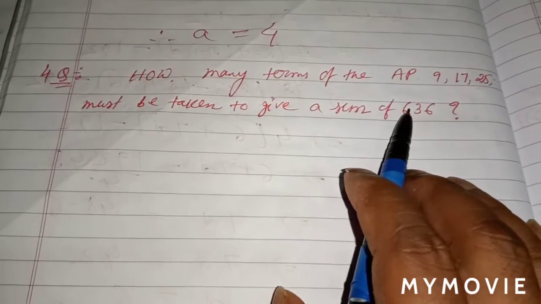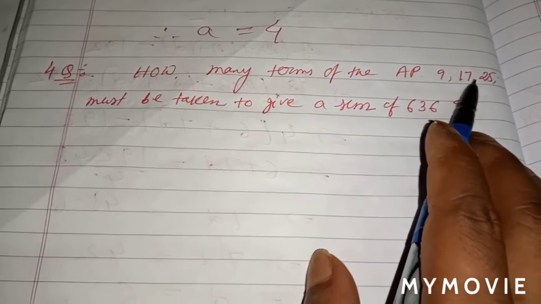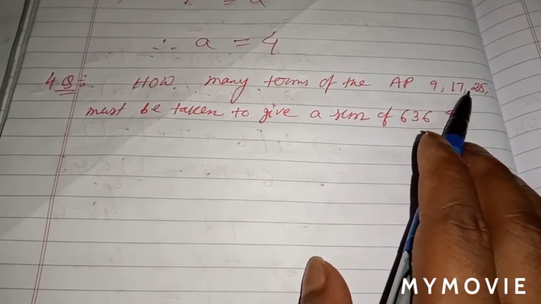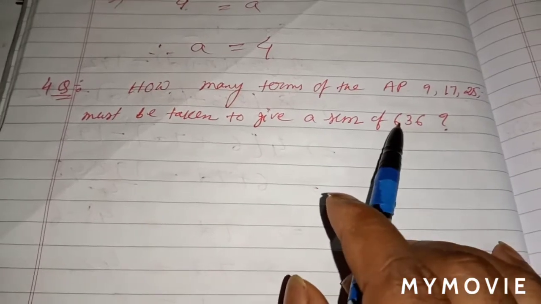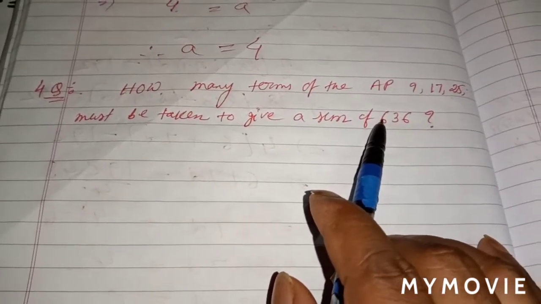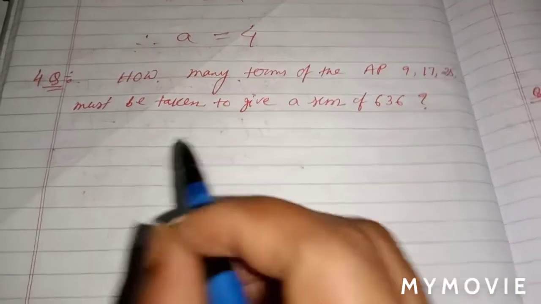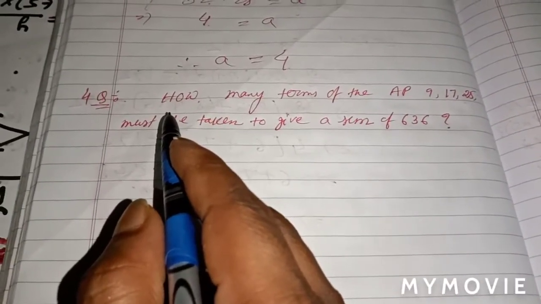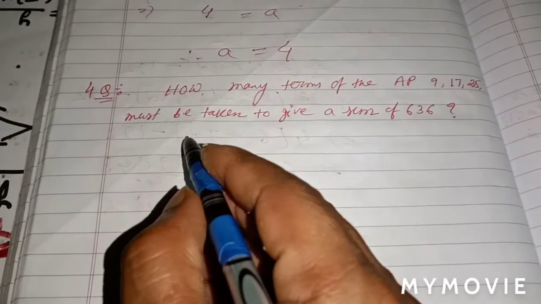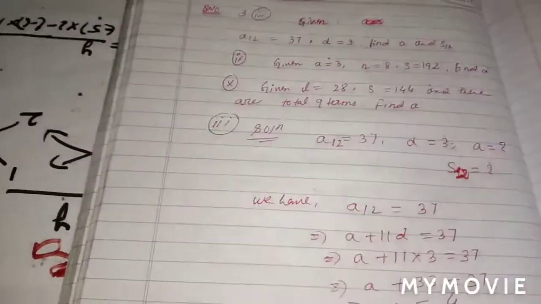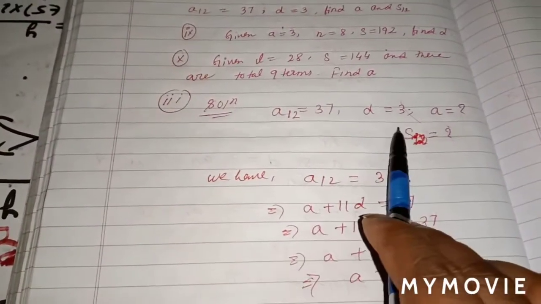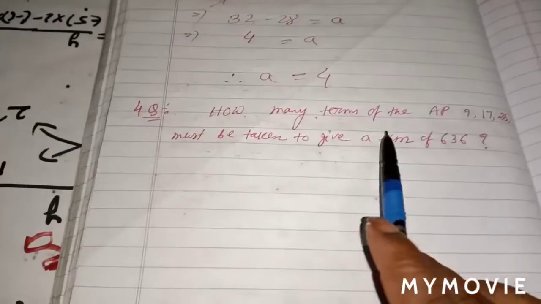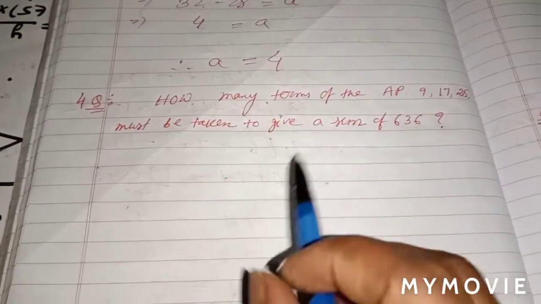Here you need to find out how many terms you add to get 636. That means you need to find the number of terms. In question number 3 you get the values of A and D directly. Here you are not getting direct values, but you have to find them.